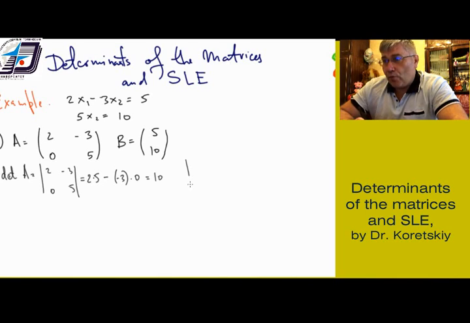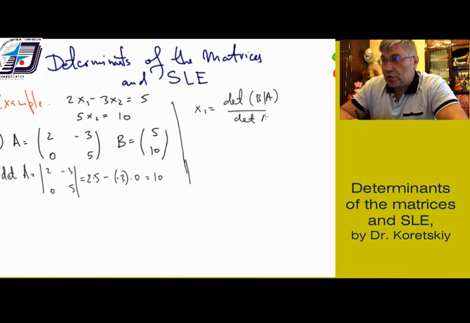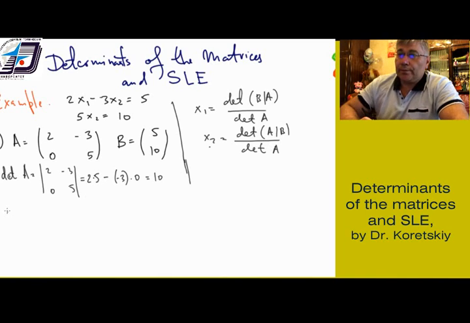Now we can use the formula. x1 equals determinant A1 over determinant A, and x2 equals determinant A2 over determinant A.